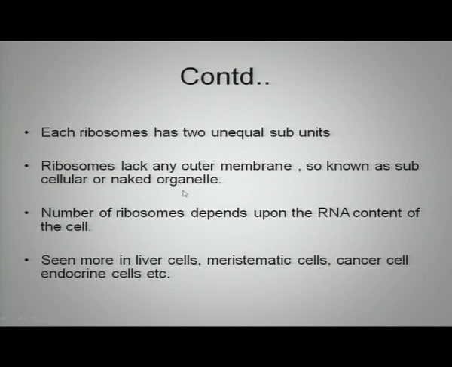Ribosomes lack any outer membrane, so we can call them subcellular organelles or even naked organelles. The number of ribosomes depends upon the RNA content of a cell. They are seen more in liver cells, meristematic cells, cancer cells, and even in endocrine cells.